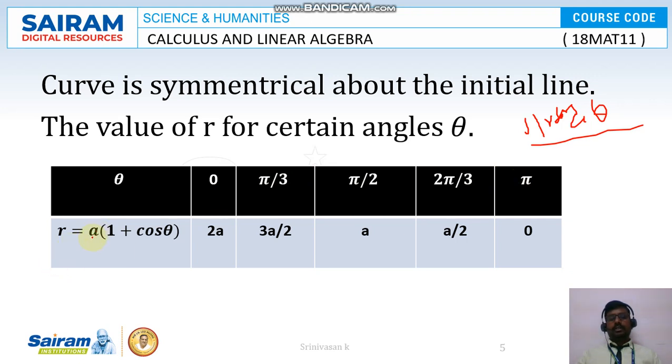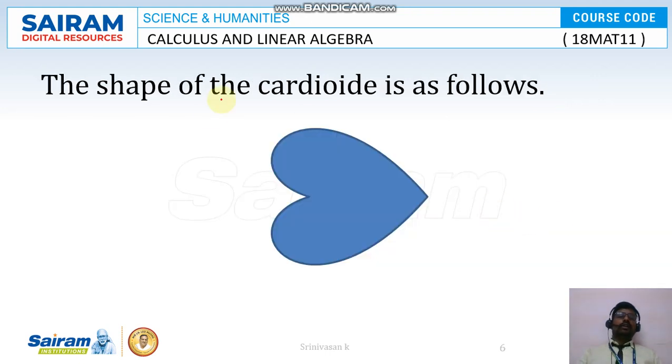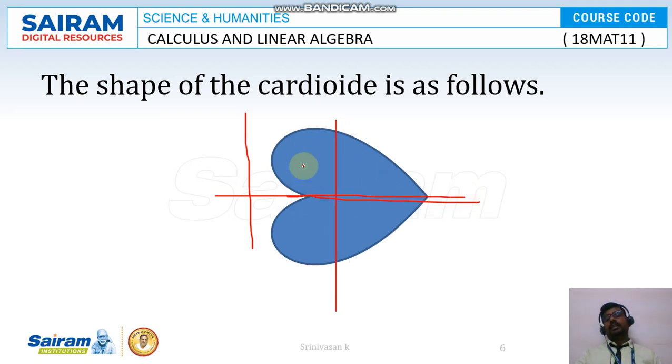The radius is r equal to a into 1 plus cos theta. If you apply these radii, we get the shape of the cardioid.